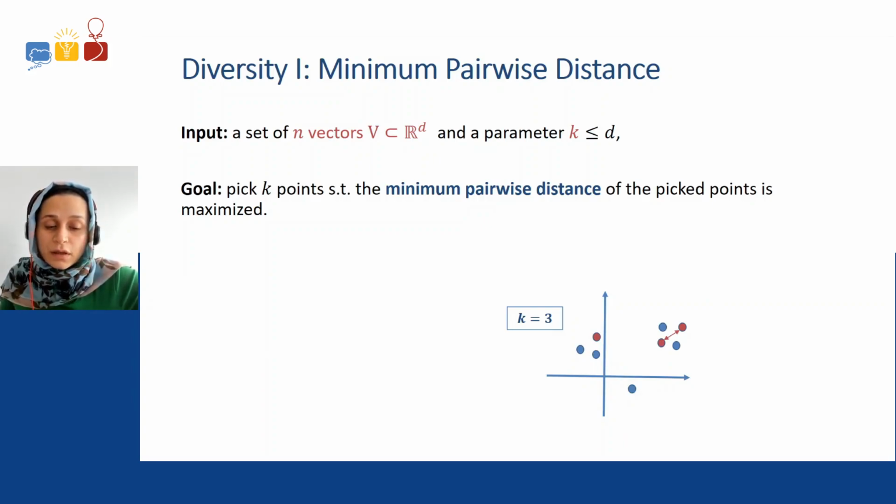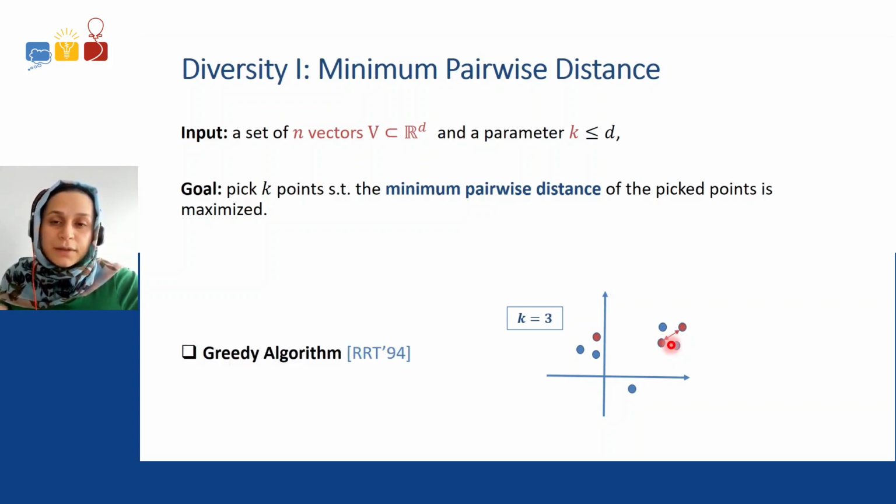If I pick these 3 points instead, then there are 2 points that are even closer, so their diversity is lower. Okay, so maximizing this notion of diversity means that I want to pick k points such that no two of them are very close to each other. Okay, so this problem is NP-hard, but it's known that a greedy algorithm achieves a constant factor approximation for this problem.